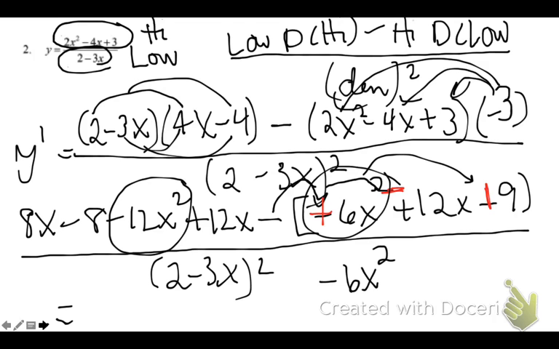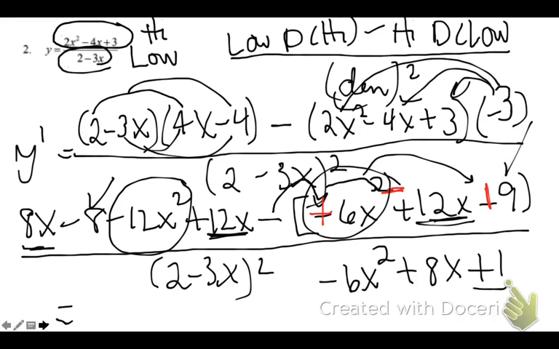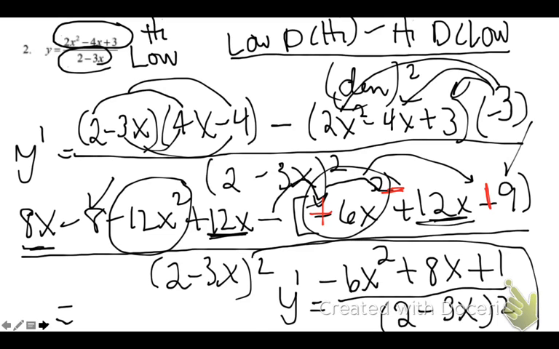And then we have a positive 12x and a negative 12x, so those will cancel. And we have a leftover 8x over here, so plus 8x. And then we have our constants, negative 8 and positive 9 will give me plus 1, all over, and we'll just leave our denominator as is, 2 minus 3x squared. So this is our derivative using the quotient rule.